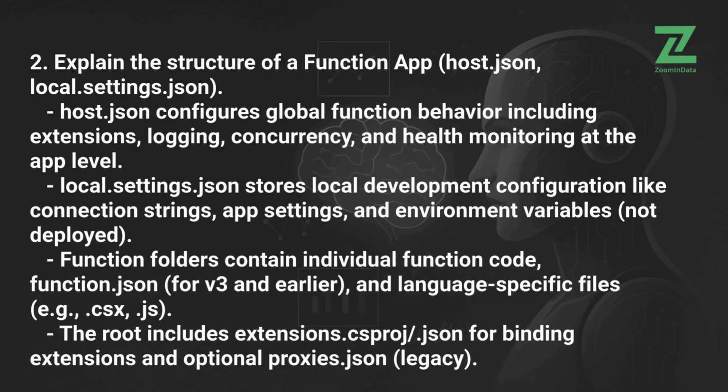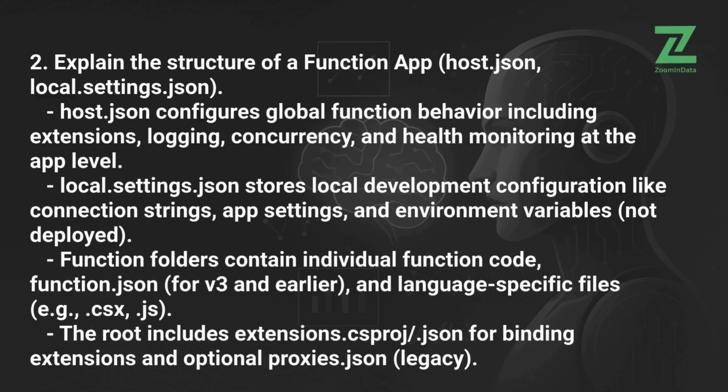2. Explain the structure of a function app. host.json, local.settings.json. host.json configures global function behavior including extensions, logging, concurrency, and health monitoring at the app level. local.settings.json stores local development configuration like connection strings, app settings, and environment variables, and is not deployed.